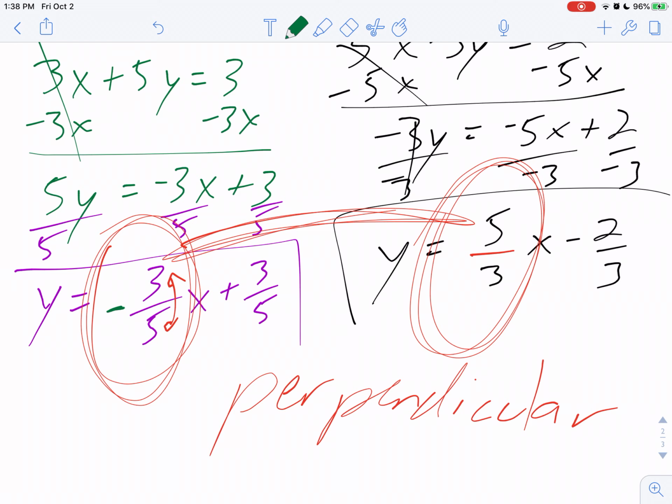But you just have to check that the slopes are negative reciprocals in order to get perpendicular. And if the slopes are identical, then the lines are parallel. And if it doesn't fit either one of those rules, then the answer is neither.